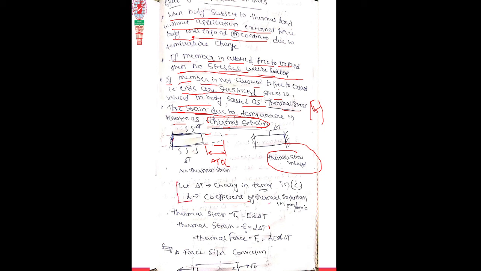So write down that alpha is the coefficient of thermal expansion per degree centigrade, and delta T is the change in temperature in degree centigrade.